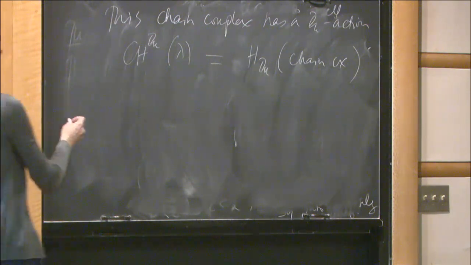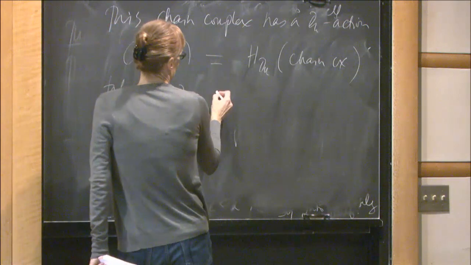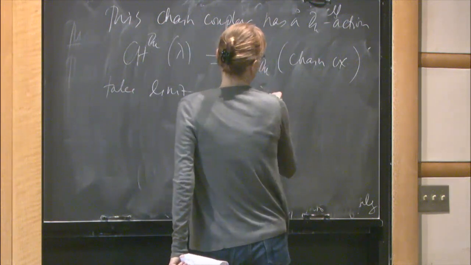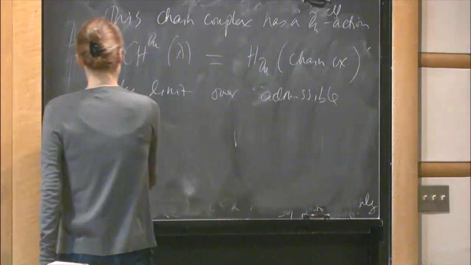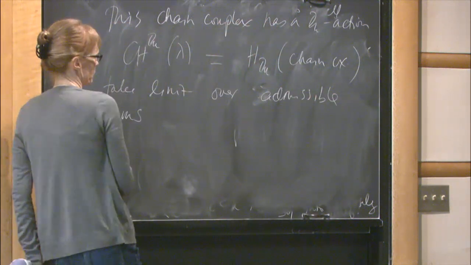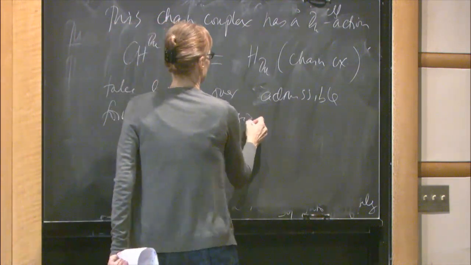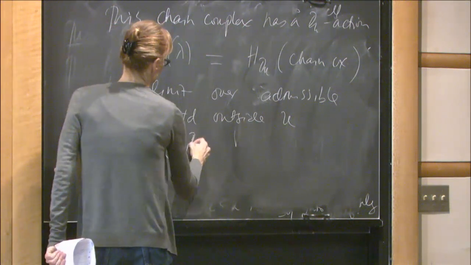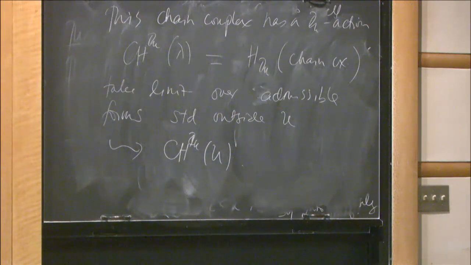Okay, and then we take the limit over permissible forms, standard outside a domain U, in order to get an invariant of the domain U.